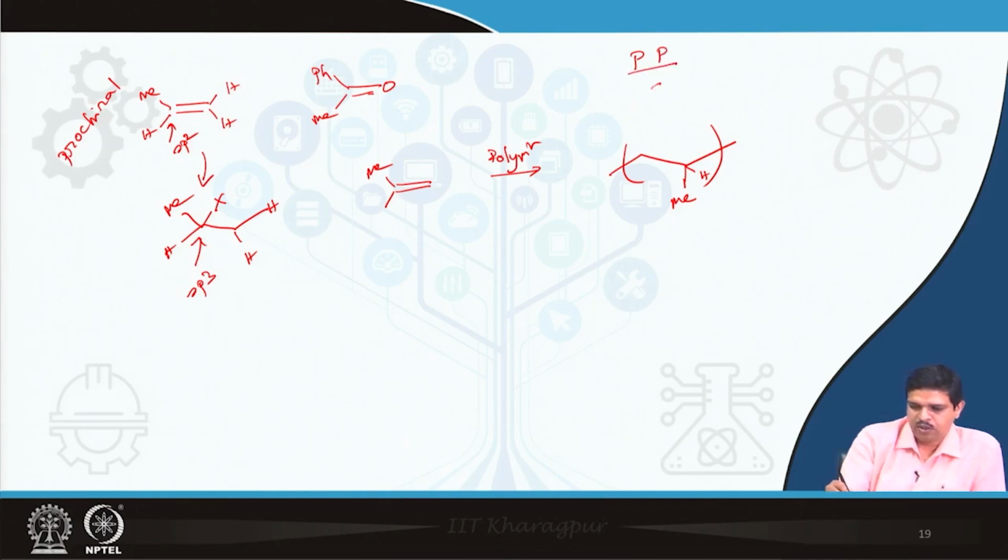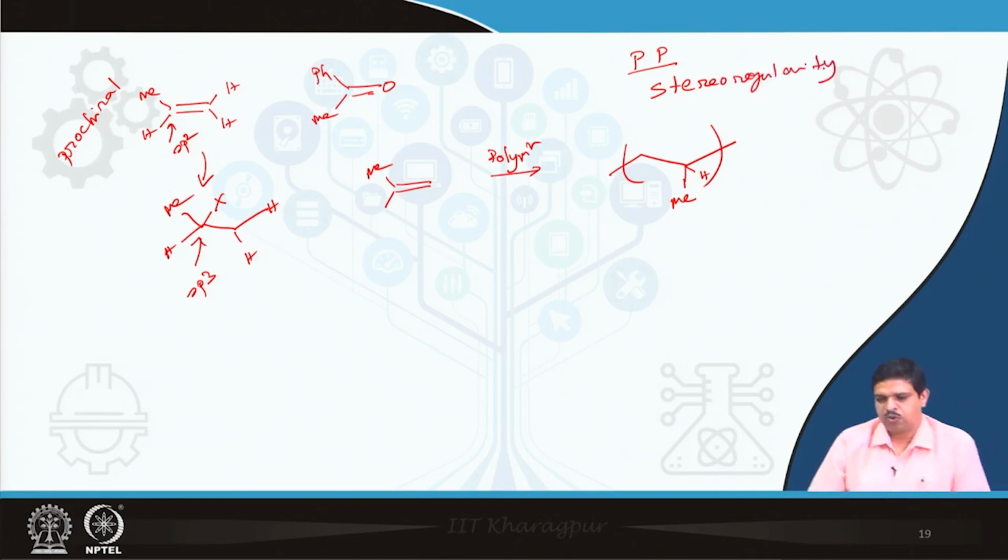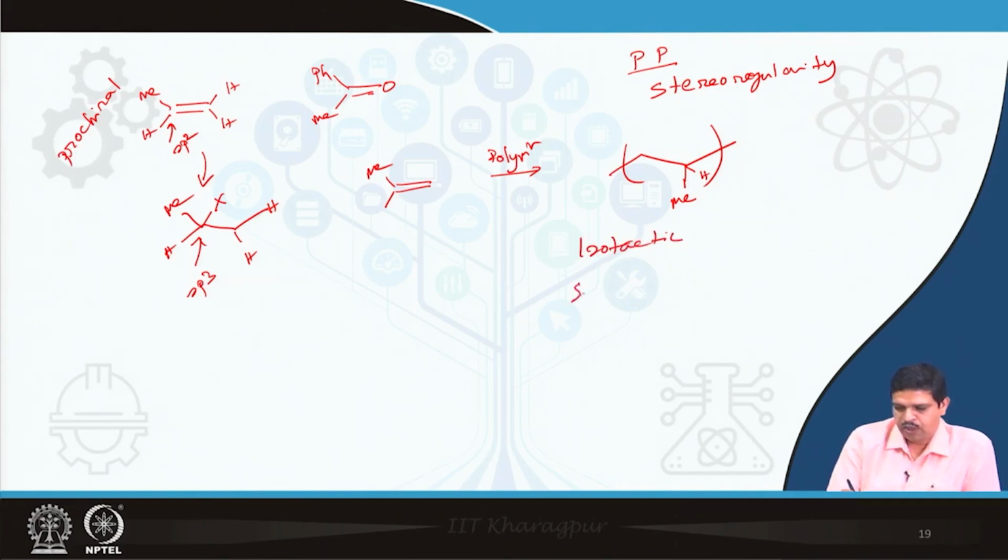Here you will see the stereoregularity issues. Depending on the orientation of the methyl group, you will get different kinds of stereoregularity that we discussed in the last class. The interesting point is that we can get the isotactic, the syndiotactic, and the atactic.